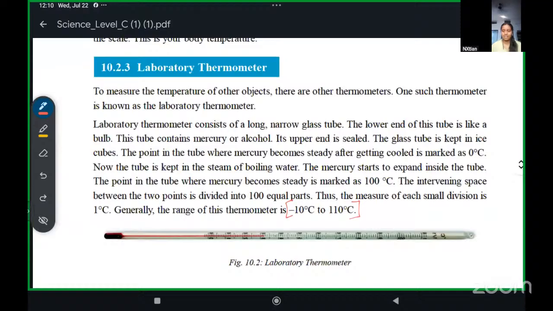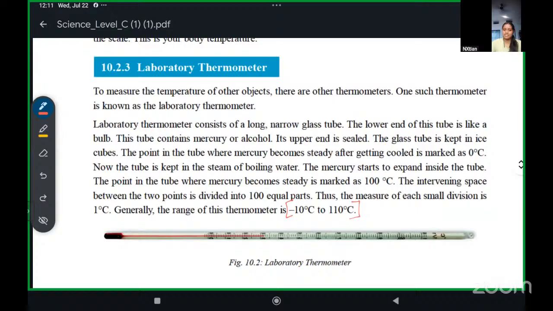Ma'am, in the laboratory thermometer, does it only measure in Celsius? Hannah, Celsius can be converted into Fahrenheit, and Fahrenheit can be converted into Celsius based on what we want.